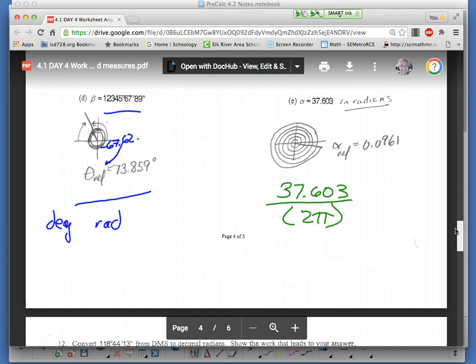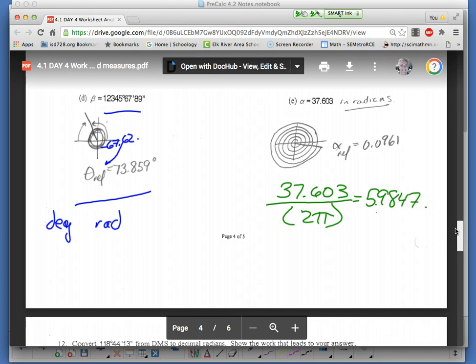So now I have 37.603 divided by 2 pi. And that's going to give me 5.9847.